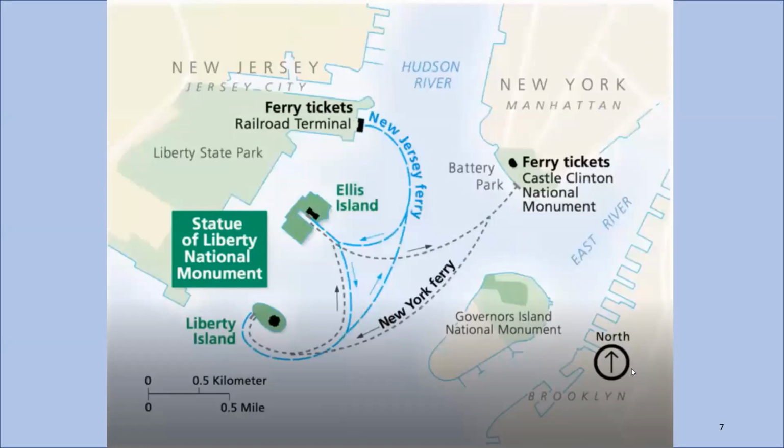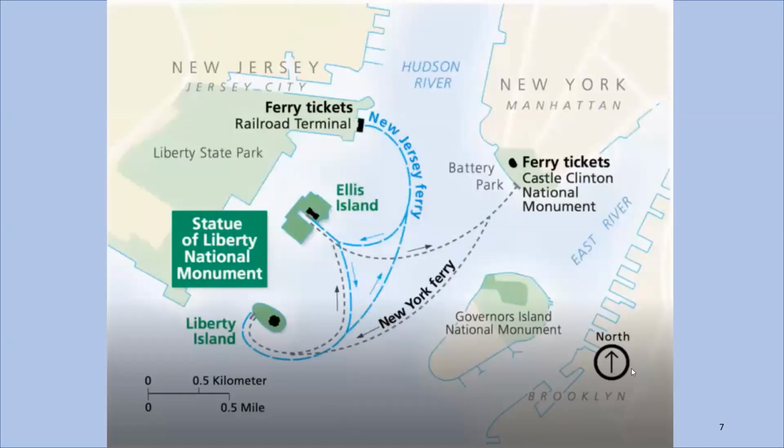Back in 1924, the Statue of Liberty was declared a national monument by President Calvin Coolidge. In 1937, the War Department relinquished control of Bedloe's Island because it used to be a fort, and then the National Park Service began to redevelop the island to complement the statue. And then in 1956, as I said, Bedloe's Island was renamed Liberty Island.